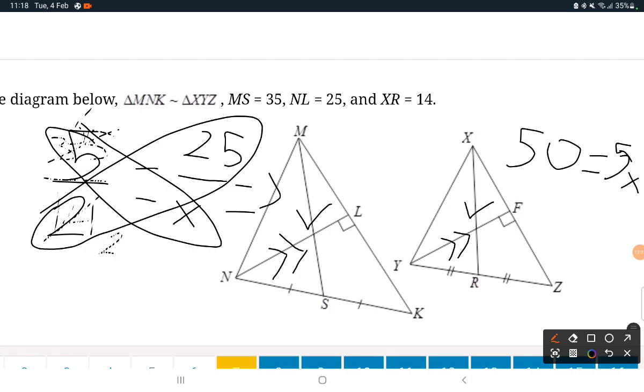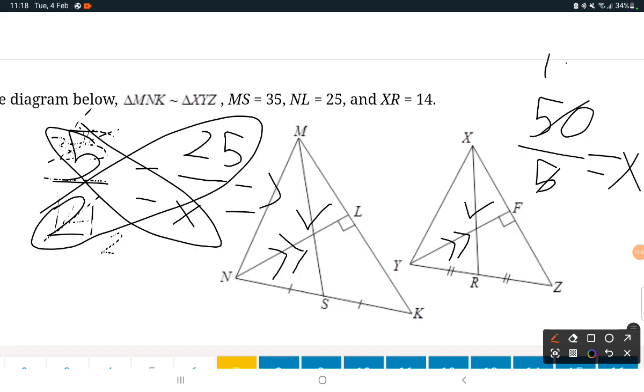So we do 50 divided by 5, because we took 5 multiplied by X to the other side. 50 divided by 5 equals X. Dividing top and bottom by 5, that will be 10 over 1. So X is equal to 10.